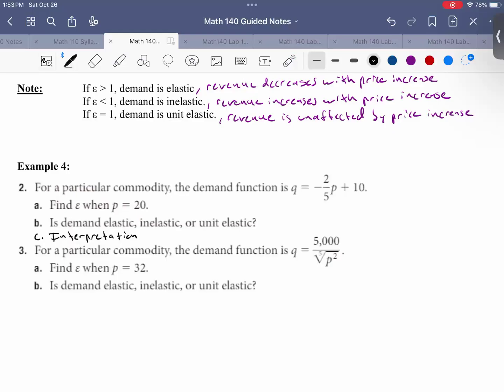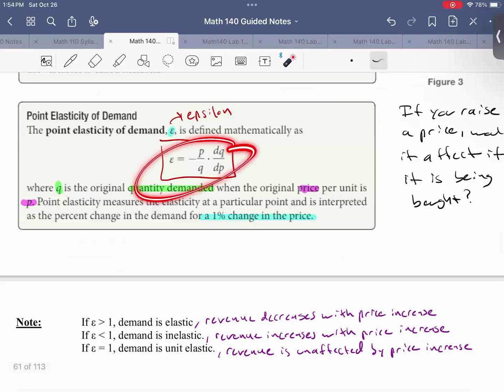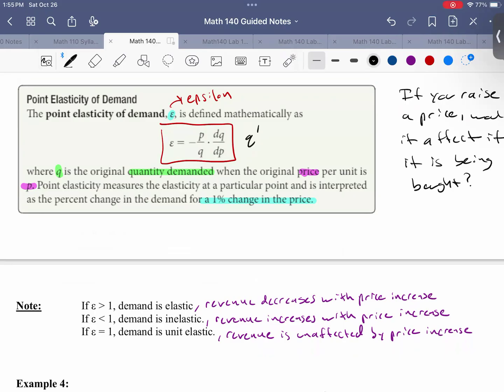So let's go ahead and check out part 2A. Remember that our point elasticity formula is this guy right here. One thing I want to change is to not write it as dq over dp, but rewrite it as just q prime, just to make it a little easier on us.